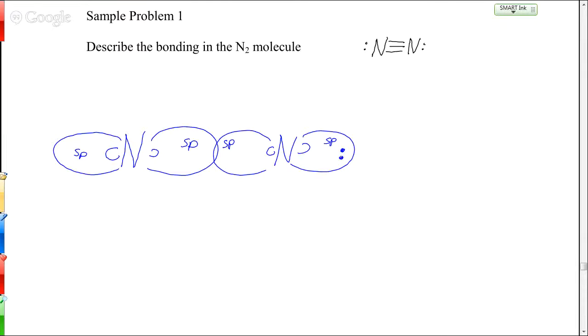So that lone pair is going to be in this outer hybrid orbital. That also means that each nitrogen has 2 leftover unhybridized p orbitals. So one of them looks like this on each. And then the other one is perpendicular to that one, but not in line with the hybrid orbitals. So it's going to be hard to draw, but it's coming out at you and going back like that.